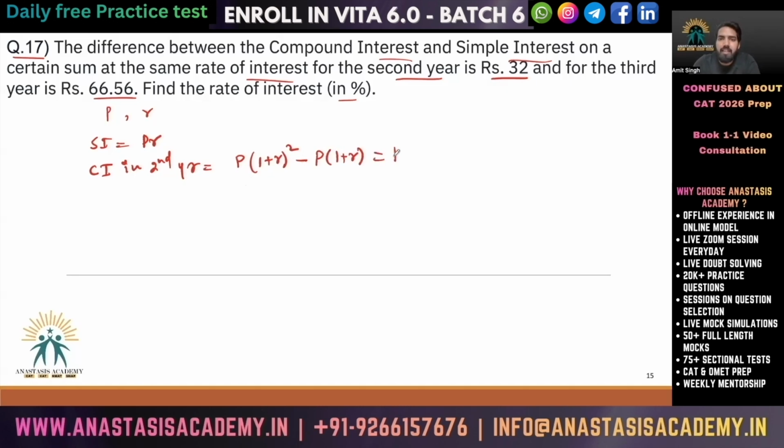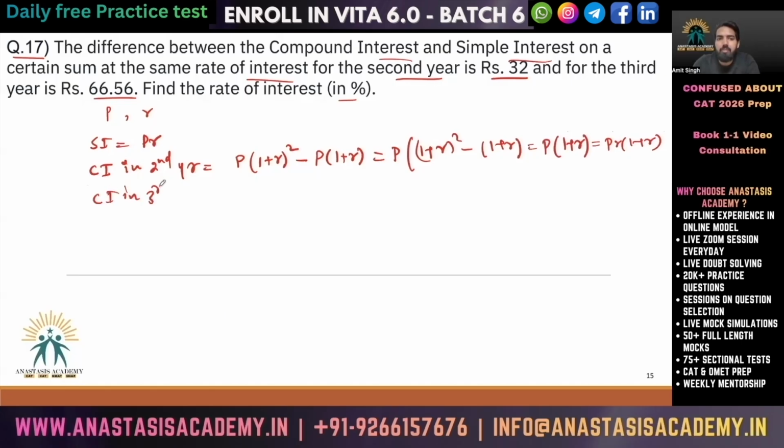If you take P common, I'm left with (1 plus R) whole square minus (1 plus R). If you take (1 plus R) common, you are left with 1 plus R minus 1, the 1 gets cancelled, R. So it is PR times (1 plus R). This is the compound interest in second year, right?